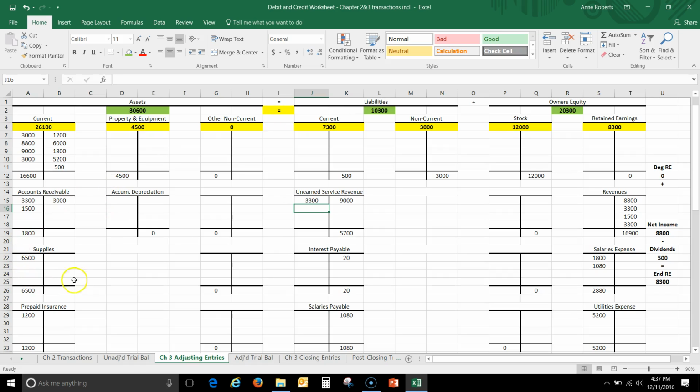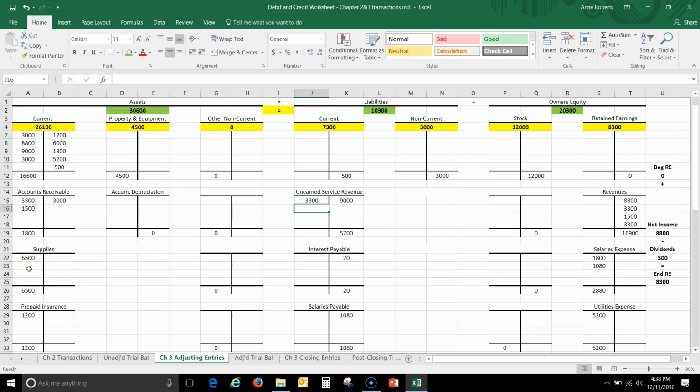Right? Adjustment number 5, we've got the prepaid expenses for supplies. So now we're over here under the $6,500 worth of supplies, and if you read through the description here, it says that they used $5,300. Also notice what the description says. They realized that there were $1,200 worth of supplies on hand.